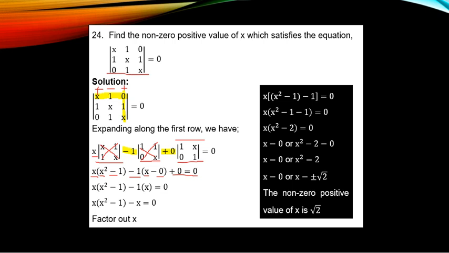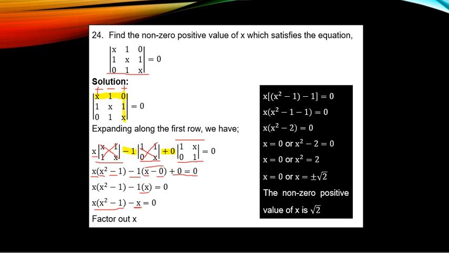Okay, so we have s into s squared minus 1. Then from here, s minus 0 is s. If you multiply by 1, you have minus s. So we have first term and second term.